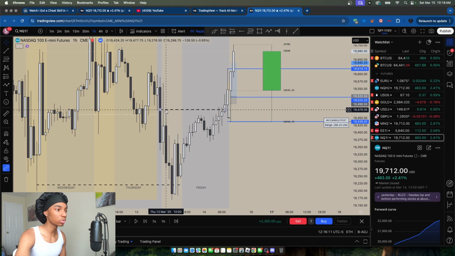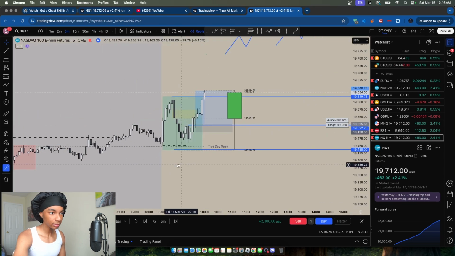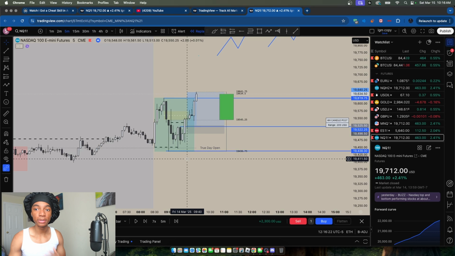We closed above these highs, right? Sweep of liquidity, break of structure. What's the next thing? Go to a lower time frame and look for the same thing because time is fractal. So what we are doing is looking for what we saw on the higher time frame on the lower time frame now, and then applying that. That is how you analyze the charts.